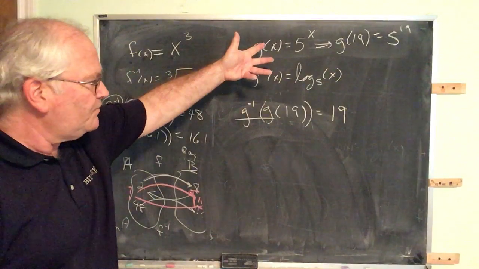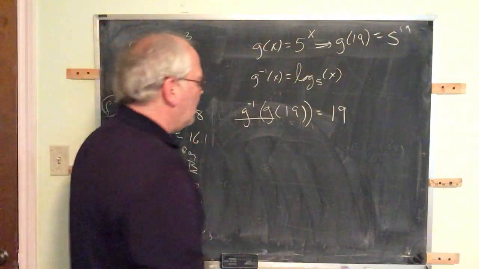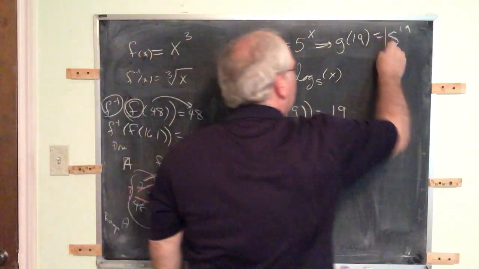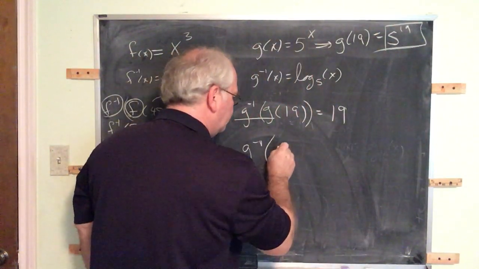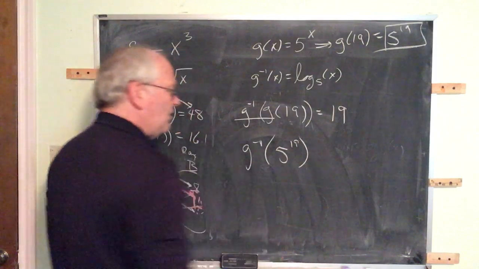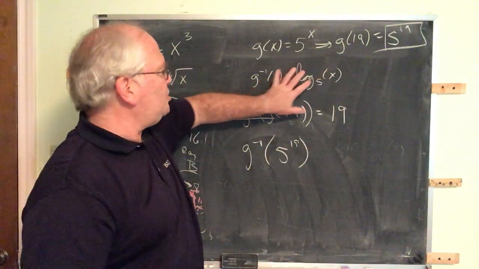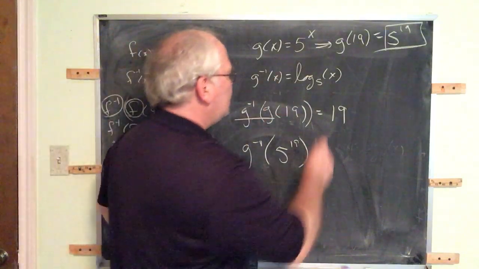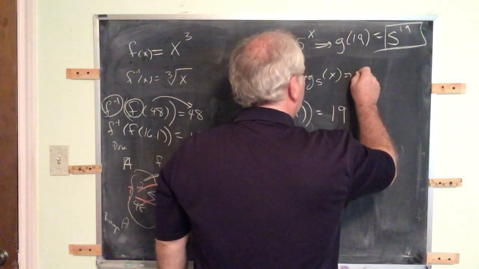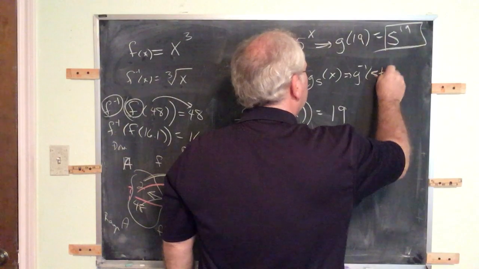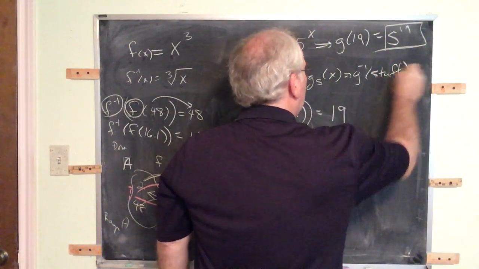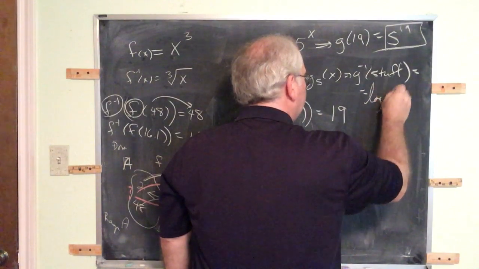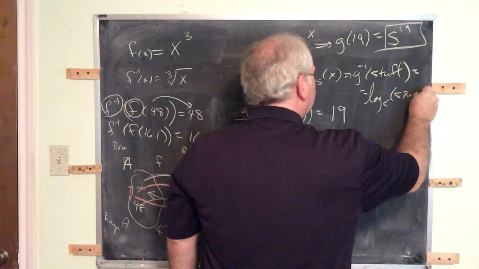So I want g inverse of that. Now, when I say g inverse of stuff, the stuff goes in here, and that becomes log base 5 of the stuff.